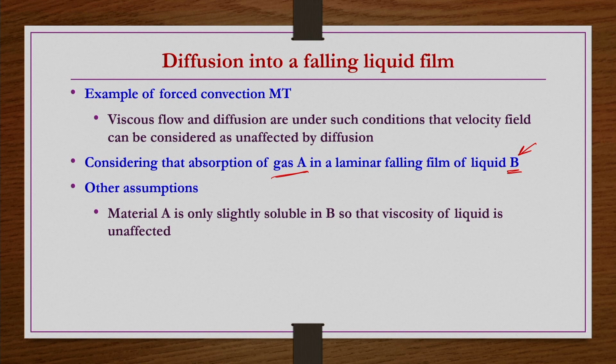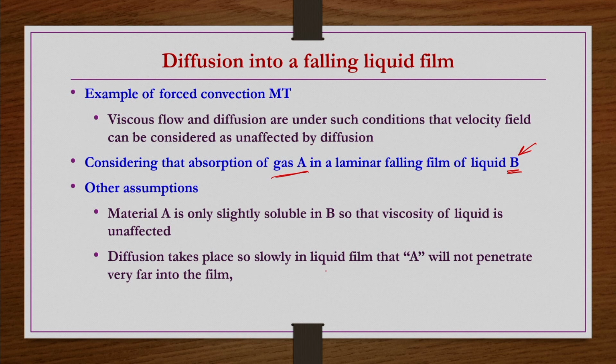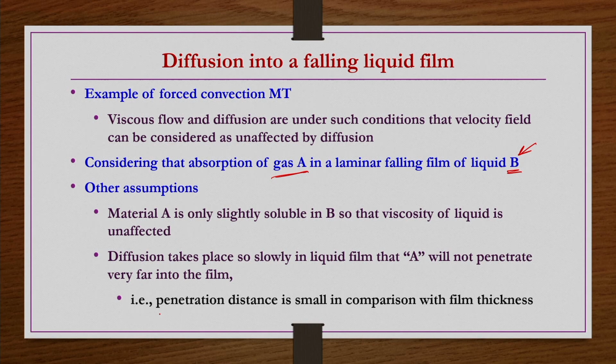Then only we can say that mass transfer is not affecting the momentum transfer. Diffusion takes place so slowly in the liquid film that A will not penetrate very far into the film. So the penetration distance is small in comparison with the film thickness.